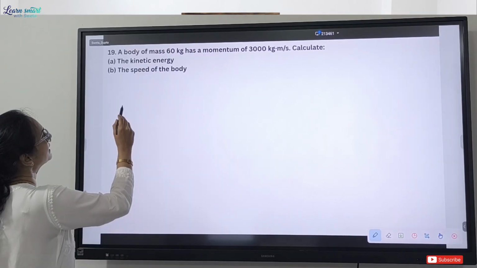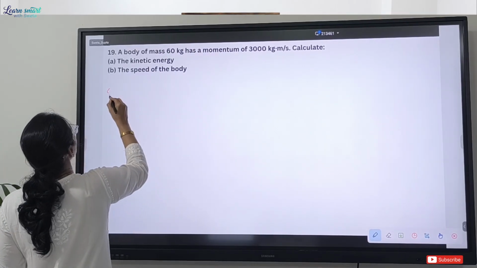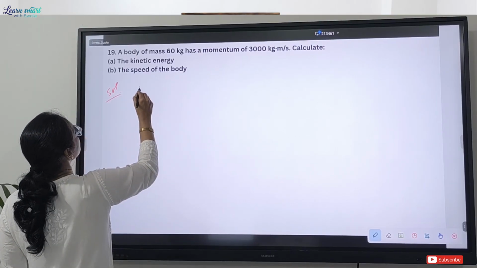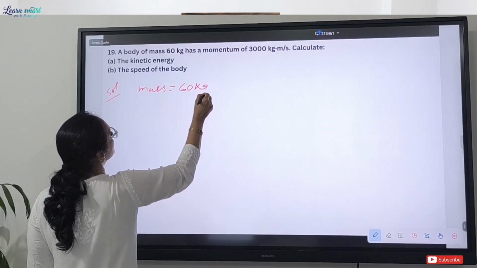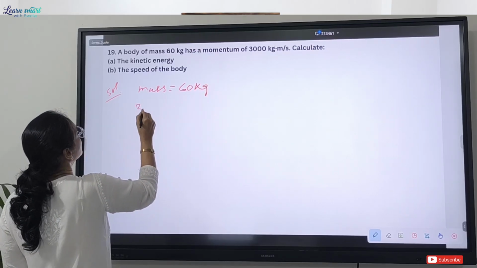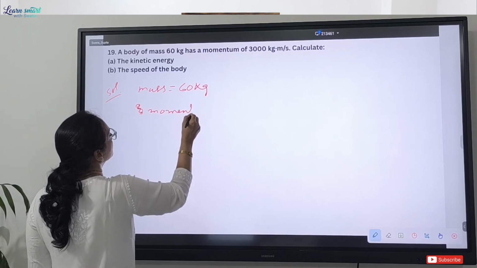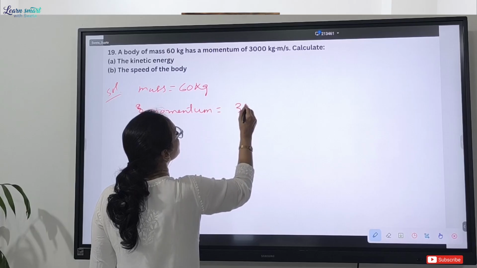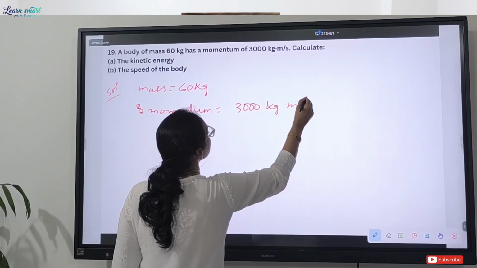A body of mass 60 kg has a momentum of 3000 kg meter per second. So we have to calculate kinetic energy. Now first, mass is equal to 60 kg. Momentum is 3000 kg meter per second.